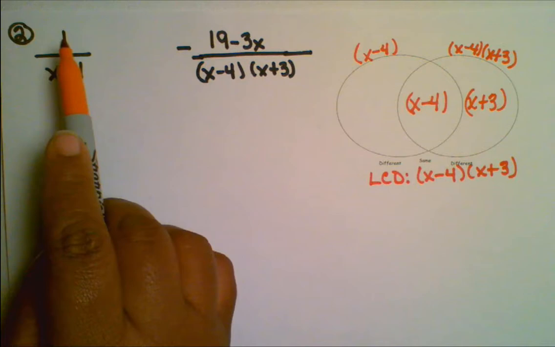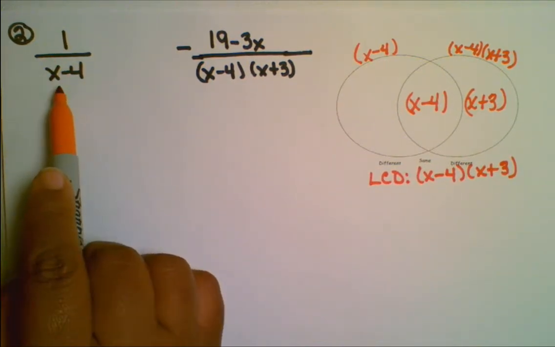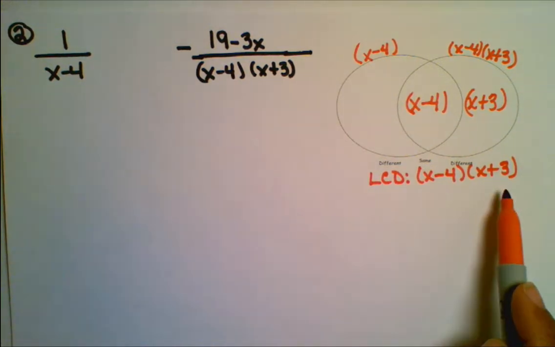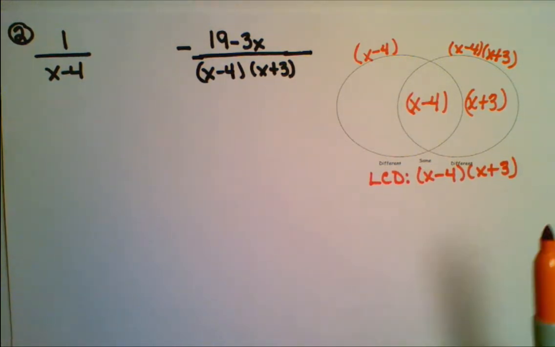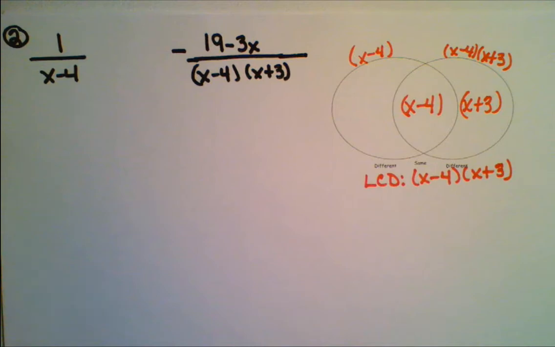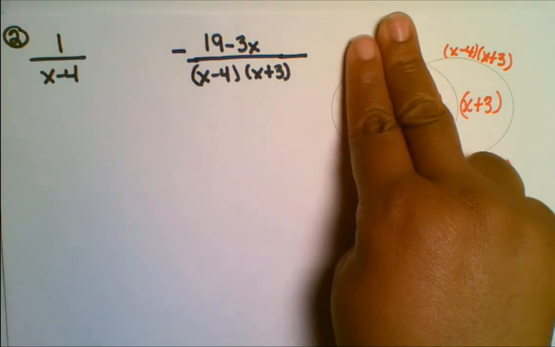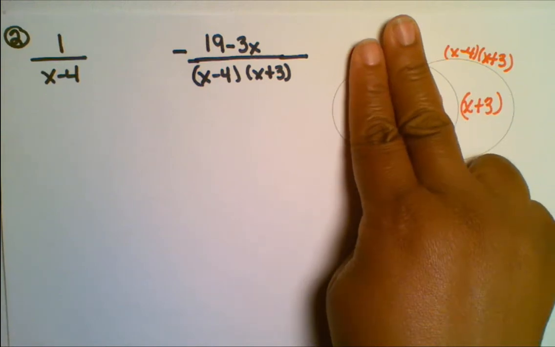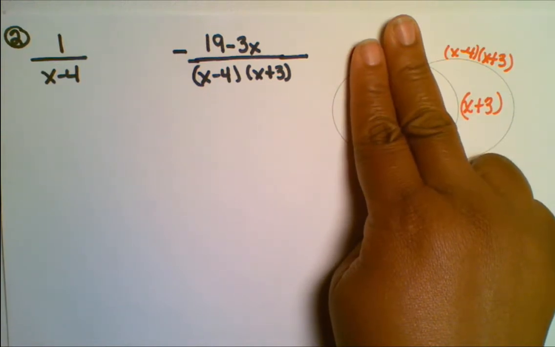So now my next question is, what will we have to multiply the first fraction by so we can have this LCD? So to do that, we're going to use our Venn diagram. Cover up the x minus 4 because the first fraction has x minus 4. So what is remaining that we will have to multiply the first fraction by?